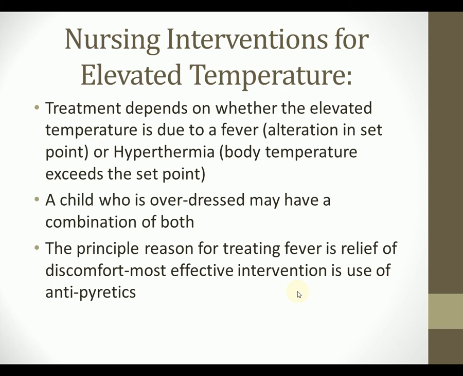So sometimes a child can actually come into the ER and be suffering from not only a fever, but hyperthermia. Let's say the child does have fever. Let's say it's up to about 103, and you go outside into the ER, and they're wrapped in 4 blankets and a onesie that's really, really thick. Then just taking some of that off, those layers will decrease that hyperthermia and that being overdressed.